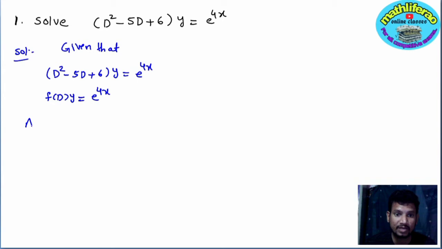First auxiliary equation is f of m equal to 0 తీసుకోవాలి. ఎందుకంటే మన కాంప్లిమెంటరీ ఫంక్షన్ ఫైండ్ అవుట్ చేయాలంటే auxiliary equation అవసరం.